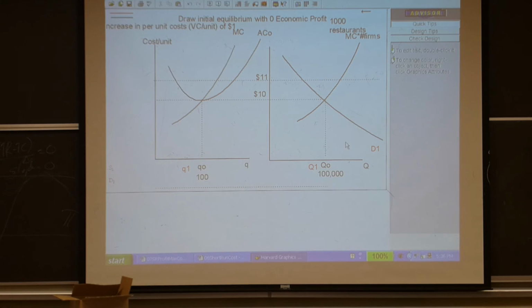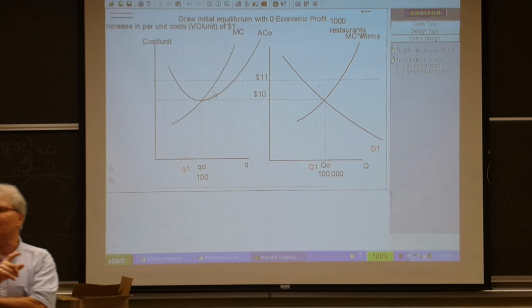All right. Now, since we talked about costs, let's begin on the cost side. We don't have to, but let's begin there. Okay, draw something. Every unit costs $1 more. The 10th unit, the 50th unit, the 100th unit costs $1 more.